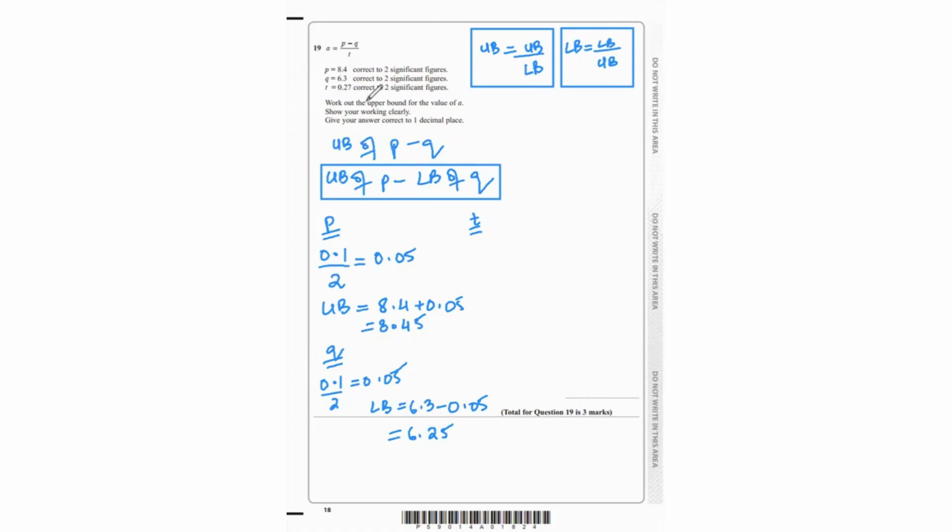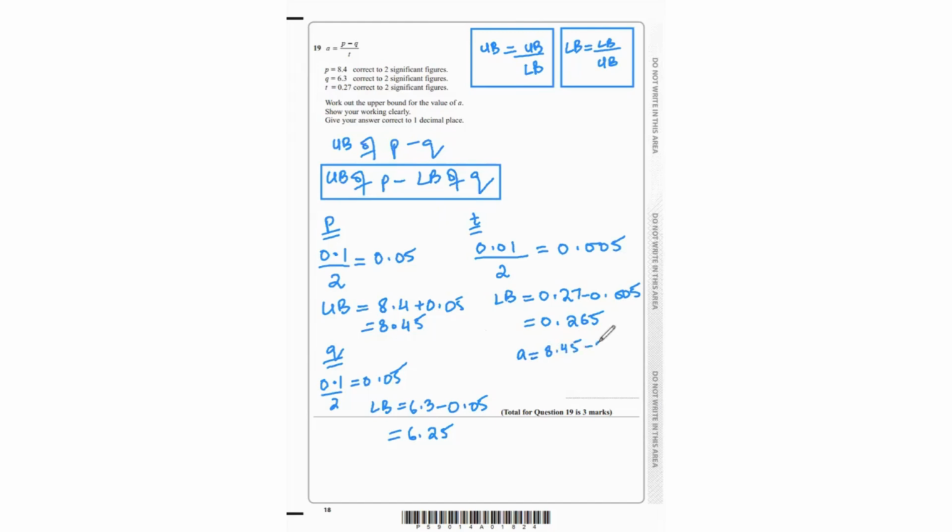So 7 is the second significant figure, and place value of 7 is 0.01 now. So 0.01 divided by 2 is 0.005. So for the lower bound, we will do 0.27 minus 0.005, which is going to be 0.265.